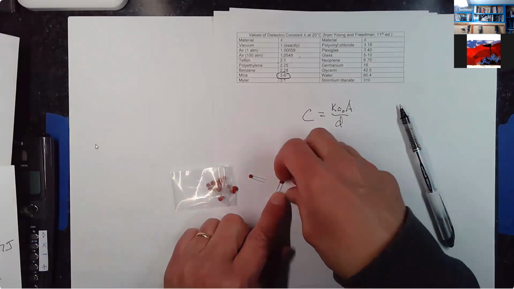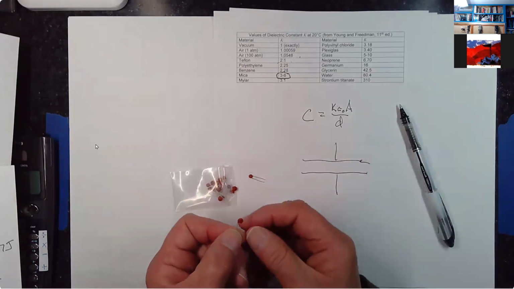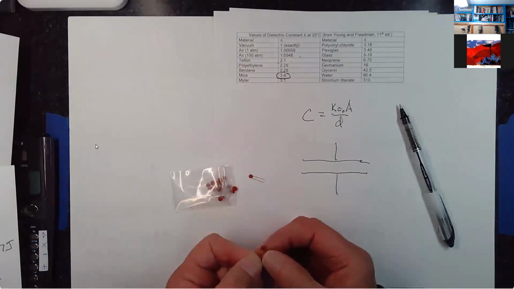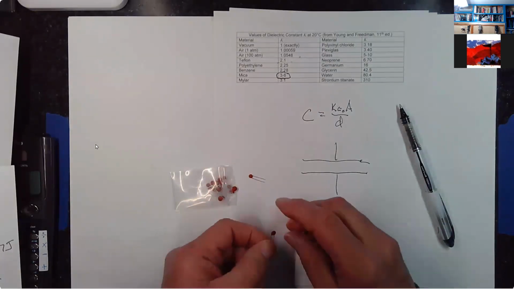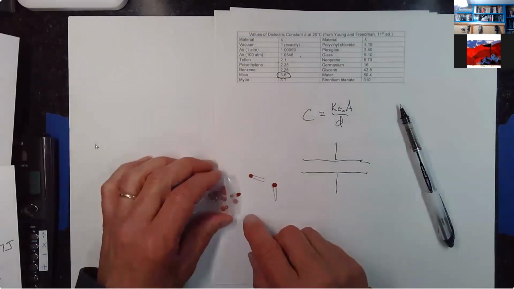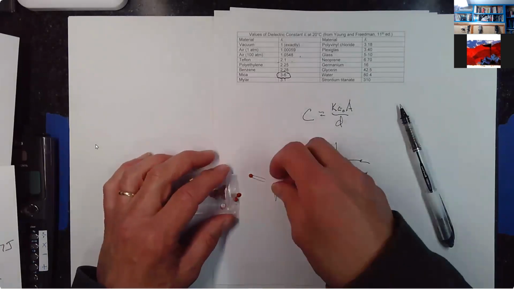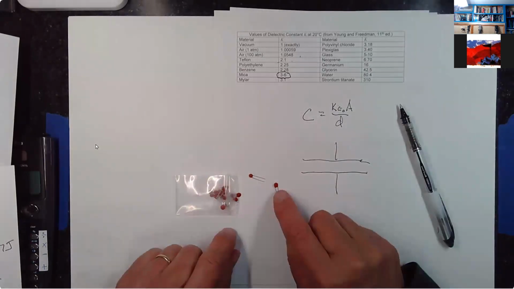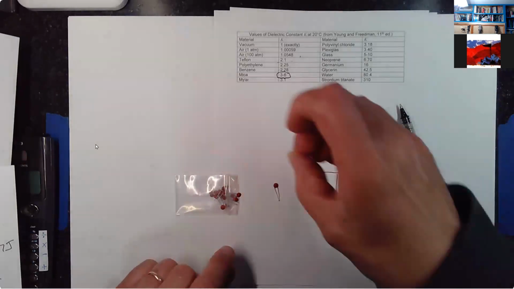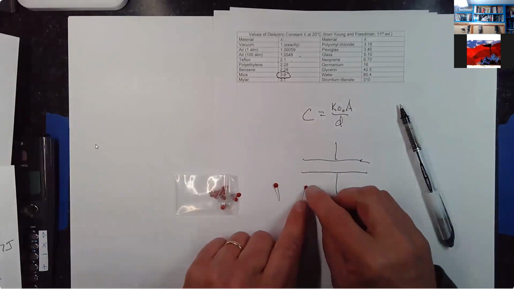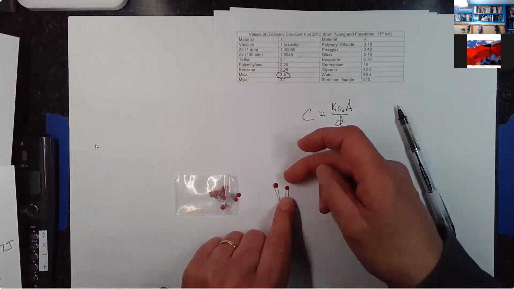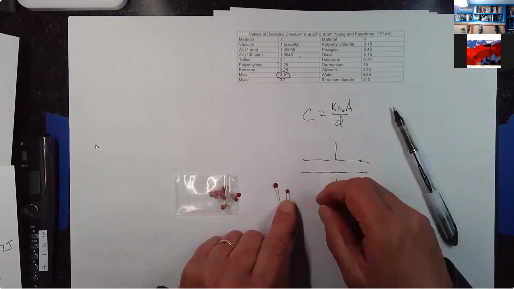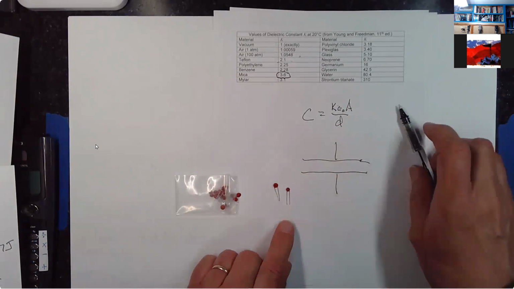Somewhere on these things there's probably some information about their capacitance, but I can't read what that is. I would need a good magnifying glass to have a clue what these things say on them. This one has even smaller writing. Actually, I think it says 22 maybe.